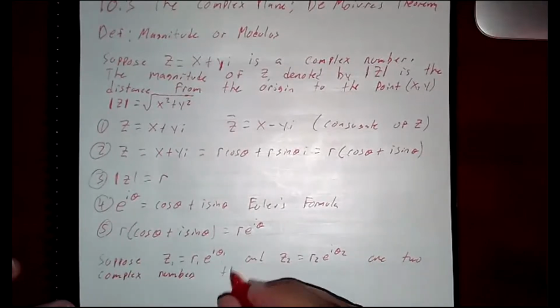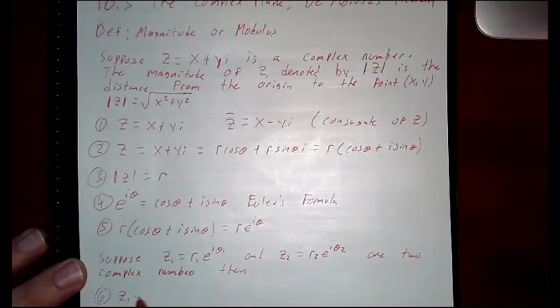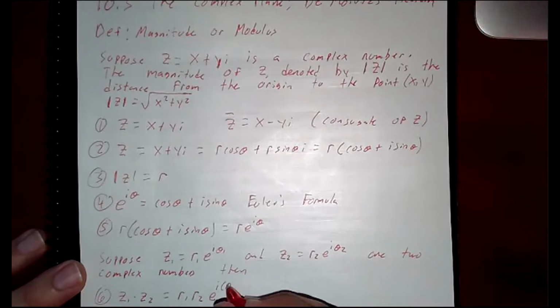Then the following is true. For 6, you multiply z1 times z2, you would end up with r1 times r2 e to the i times theta 1 plus theta 2.